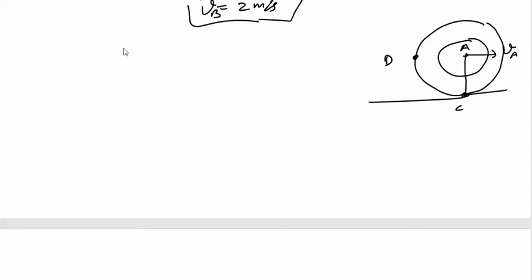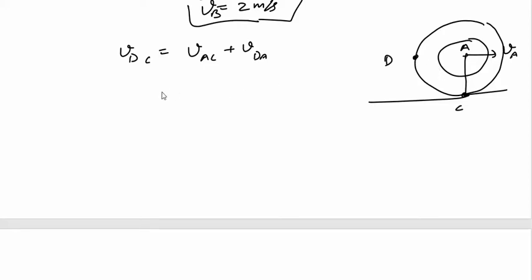We can write like VD about C is equal to VA about C plus VD about A. Means velocity of D with respect to C, velocity of A with respect to C, and here velocity of D with respect to A.